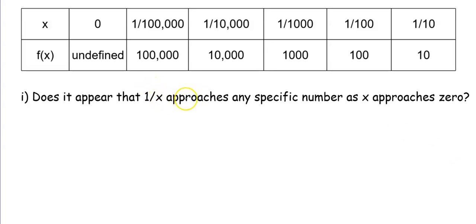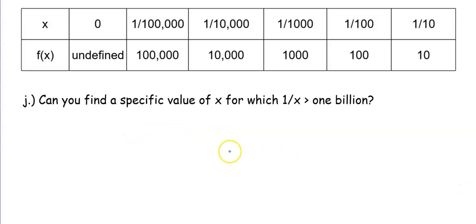So does it appear that 1 over x approaches any specific number as x approaches 0? Maybe not a specific number, but we're noticing that f of x is going to approach infinity. And can we find a specific value of x? What value can I plug in for x so that 1 over x will be 1 billion?